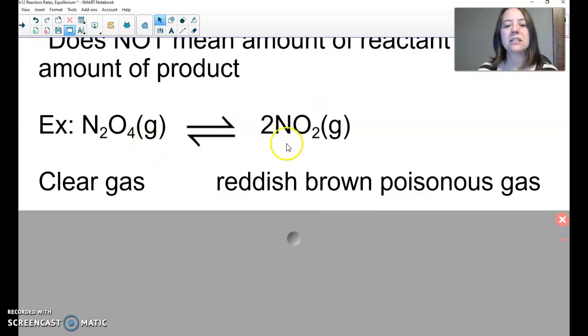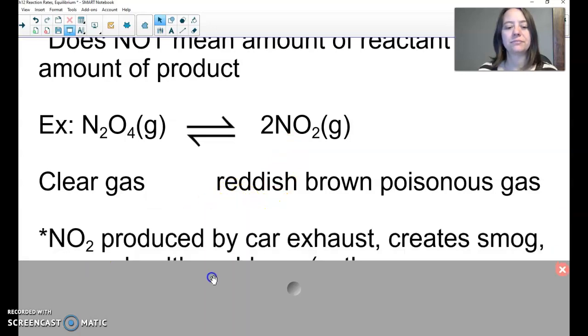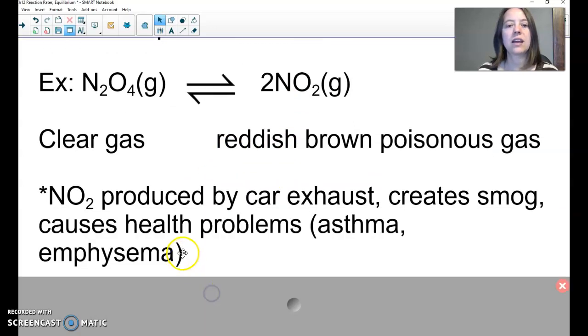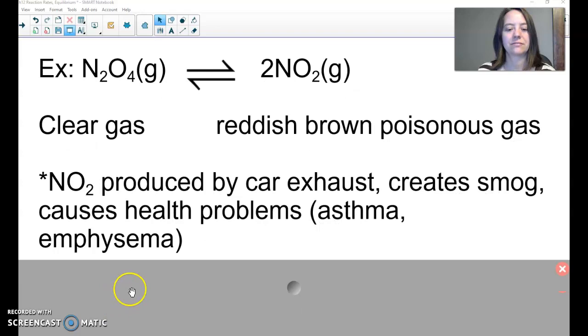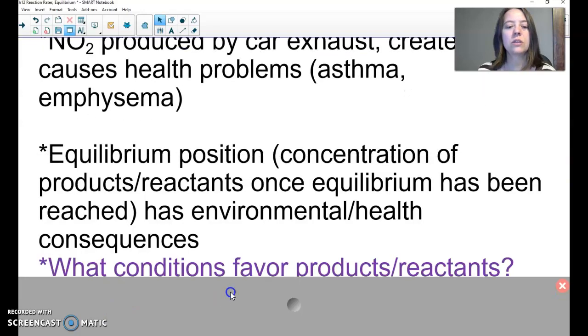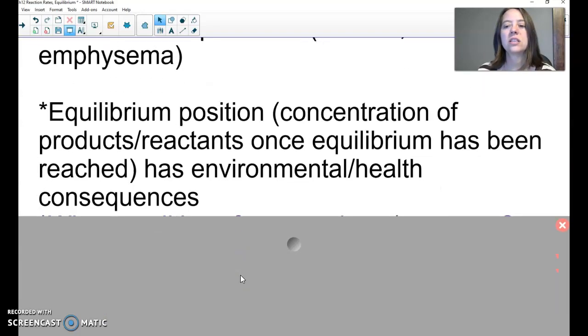So the reactants and products are very different from each other. And nitrogen dioxide is produced by car exhaust, and it creates smog, which causes health problems like asthma and emphysema. So the equilibrium position, which is the concentration of products and the concentration of reactants, once equilibrium has been reached, has environmental health consequences.